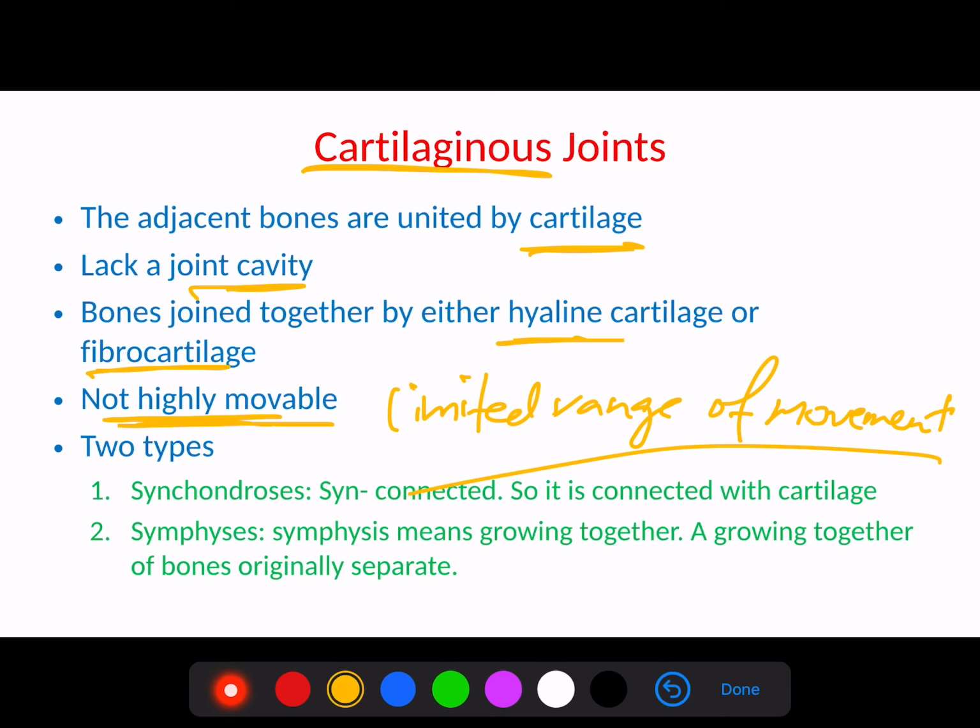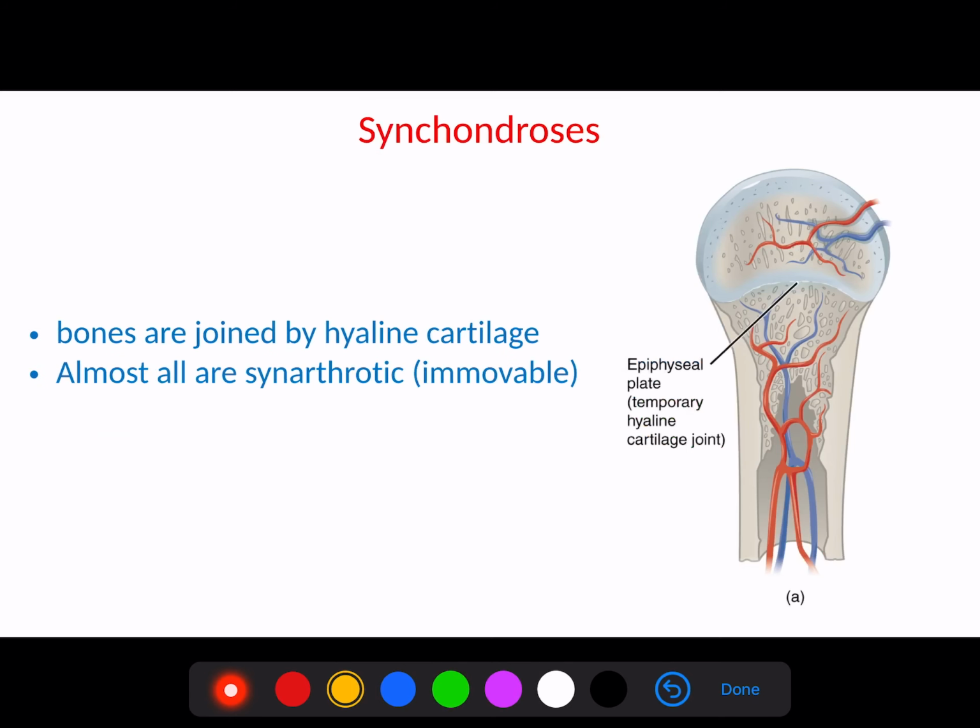And here we have two types. The first type is called synchondrosis. Syn means connected, and chondrosis means cartilage. So here the bones are connected with cartilage.